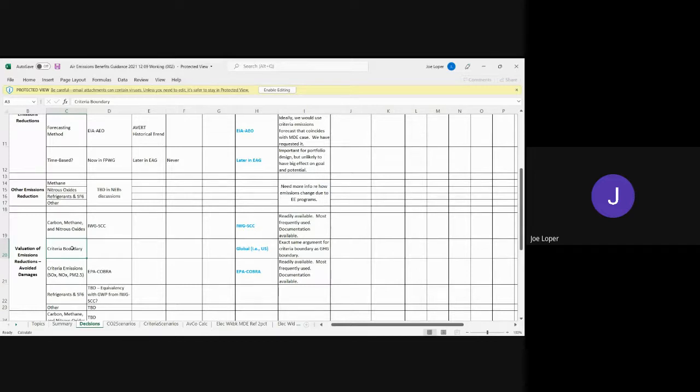For the criteria boundary, and I actually should add that, we could use global. Sorry, I'm going to add this while we're talking here. We could have a global, a PJM, a Maryland. There are different options here, and I'm just going to write PJM, and people could come up with something besides these. But my recommendation is that we use a global boundary.